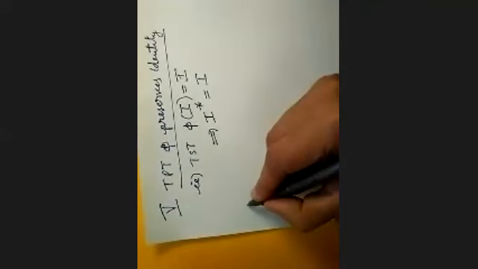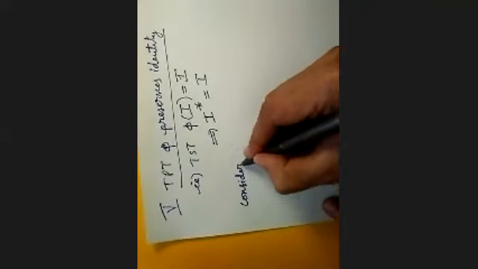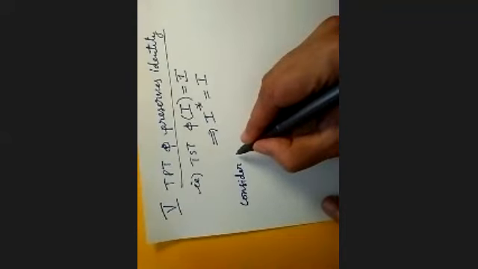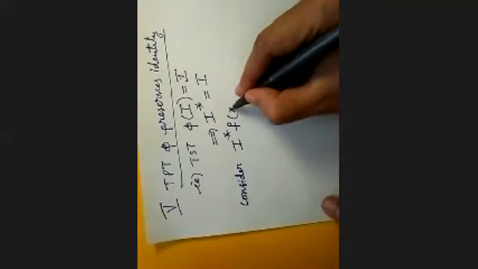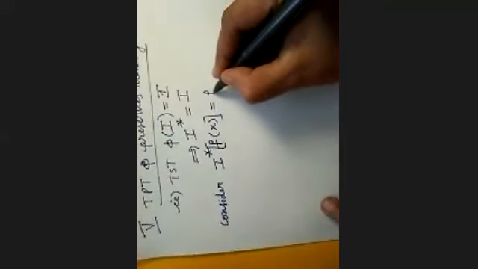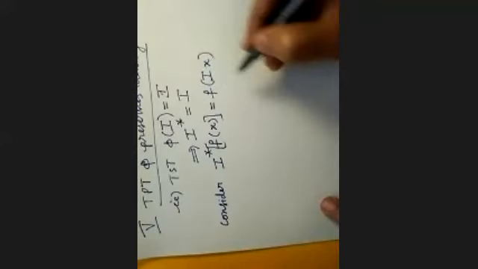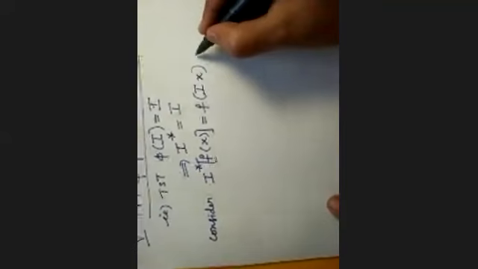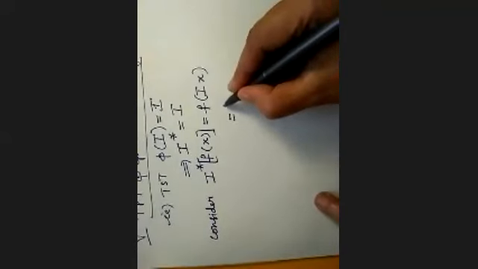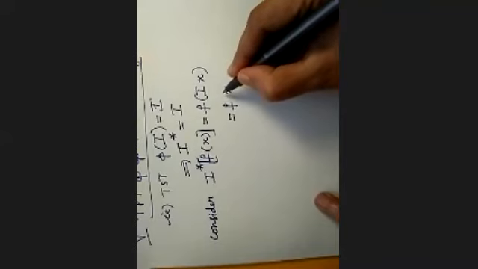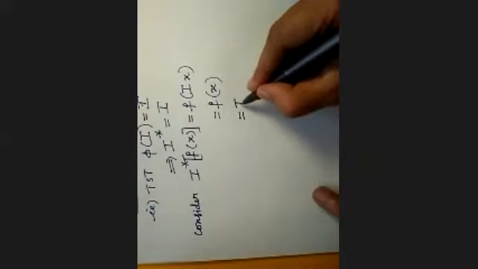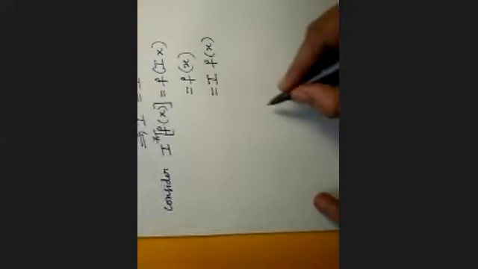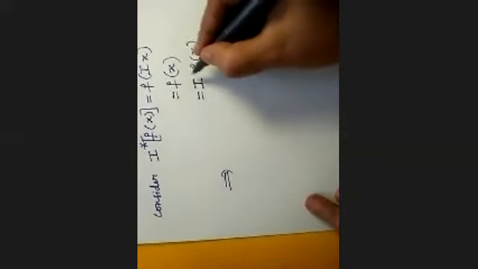Now to prove this, let us consider I star of f of x, which by definition is f of I of x. I of x is nothing but x itself, and f of x, we can just write as I of f of x.